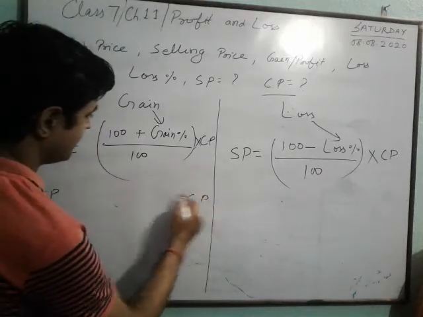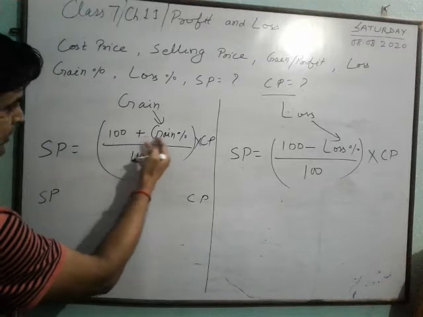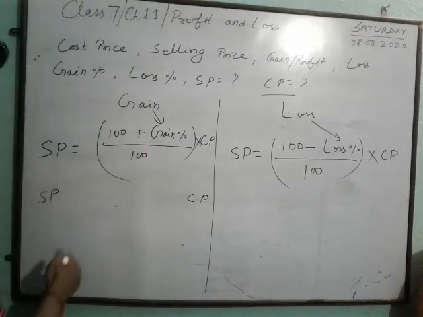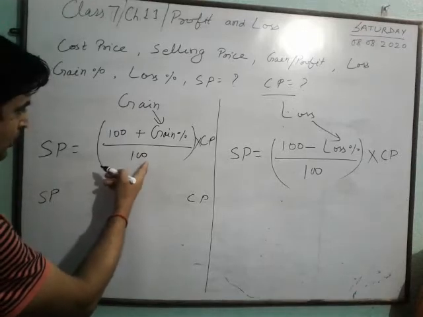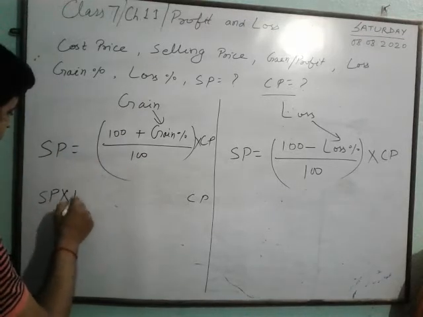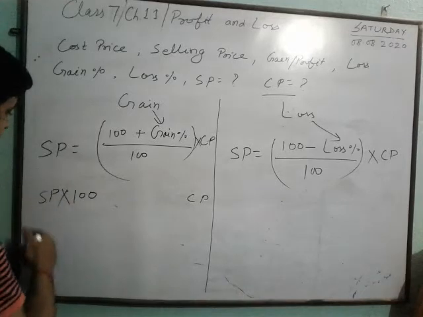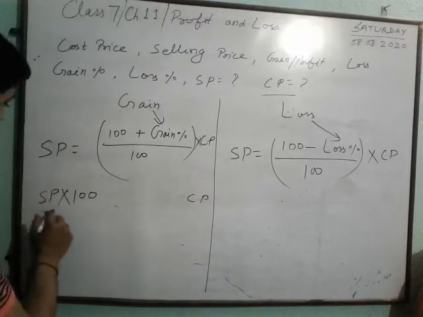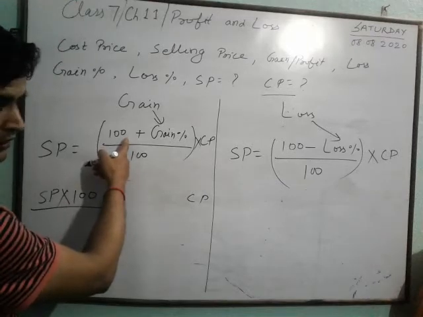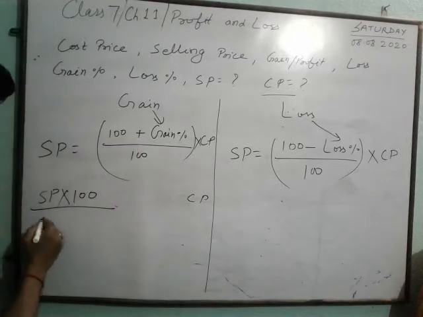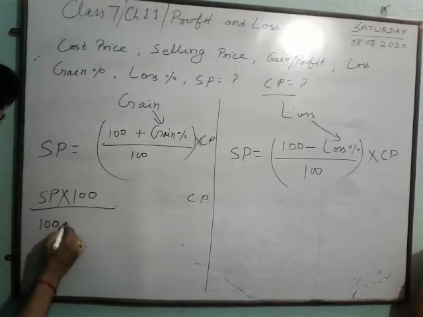Now transpose 100 plus gain percent by 100 to left. Here 100 is in the denominator, so it will go to the numerator and multiply. Here it is divided, here it is multiplied. It will get multiplied with SP. And the numerator we will transpose to the denominator.